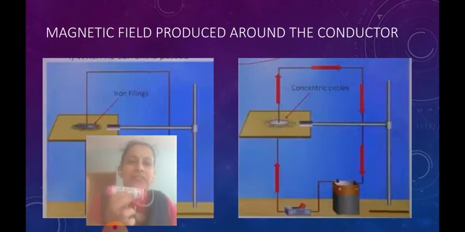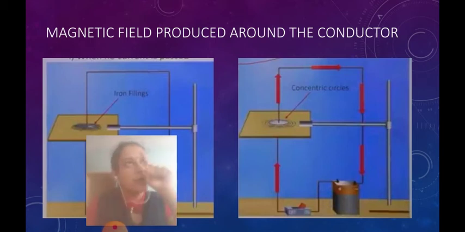But what in the case of concentric circles? It can be in two directions. Suppose you consider a clock. Clockwise direction is this way, and anti-clockwise is this way.